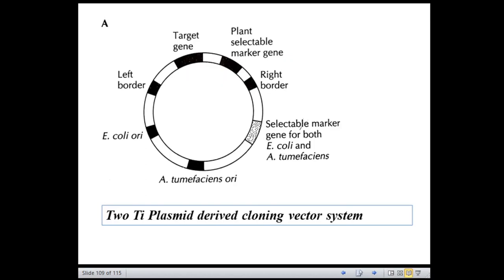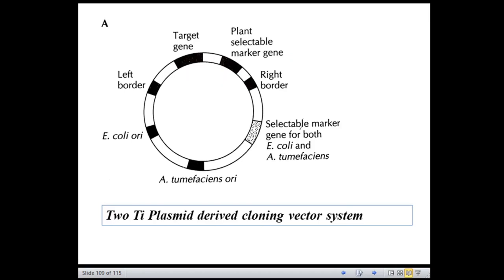But no virulence genes. So it is actually an E. coli Agrobacterium tumefaciens shuttle vector. In true sense, it is a shuttle vector.